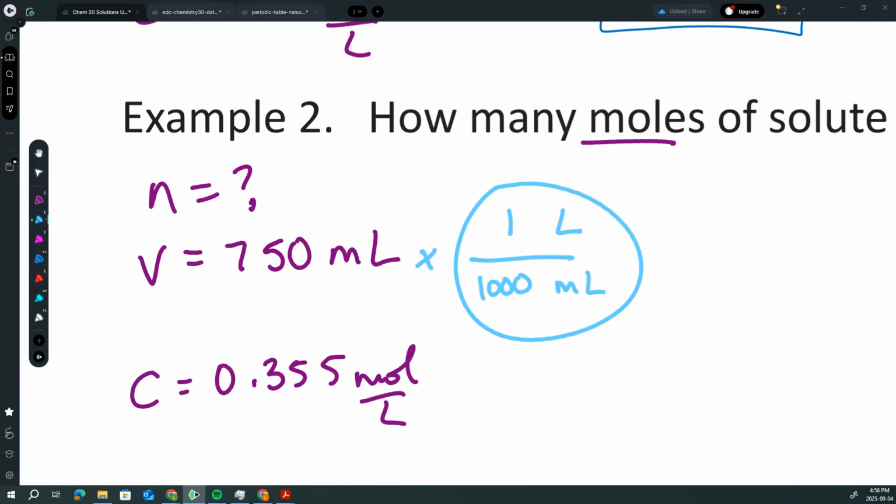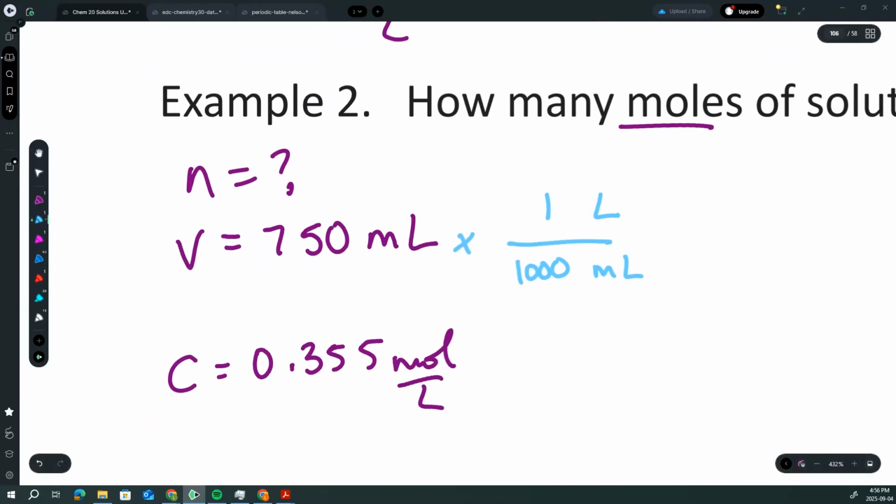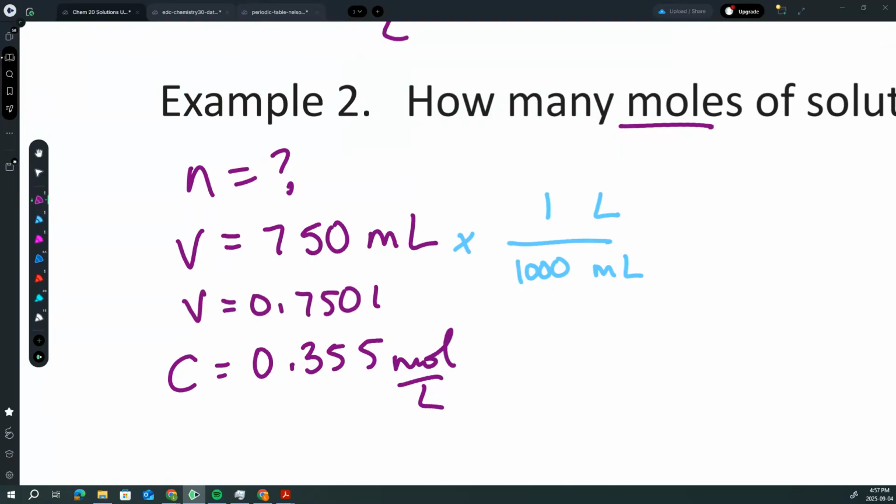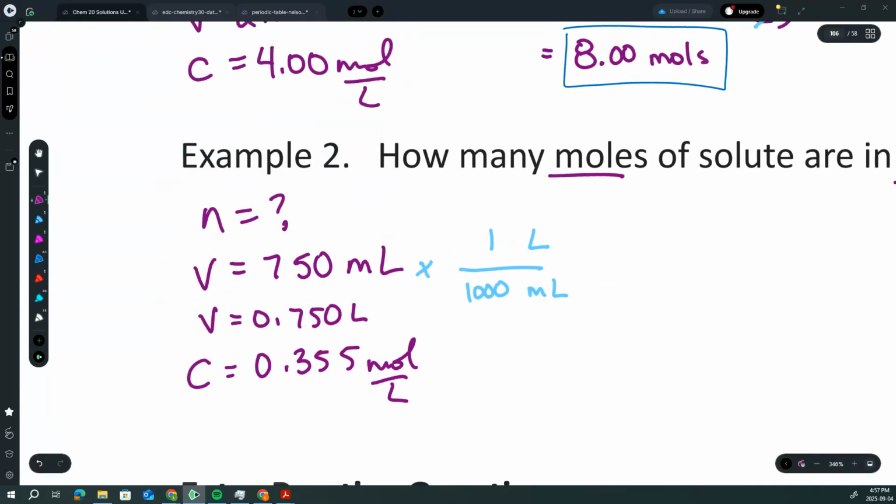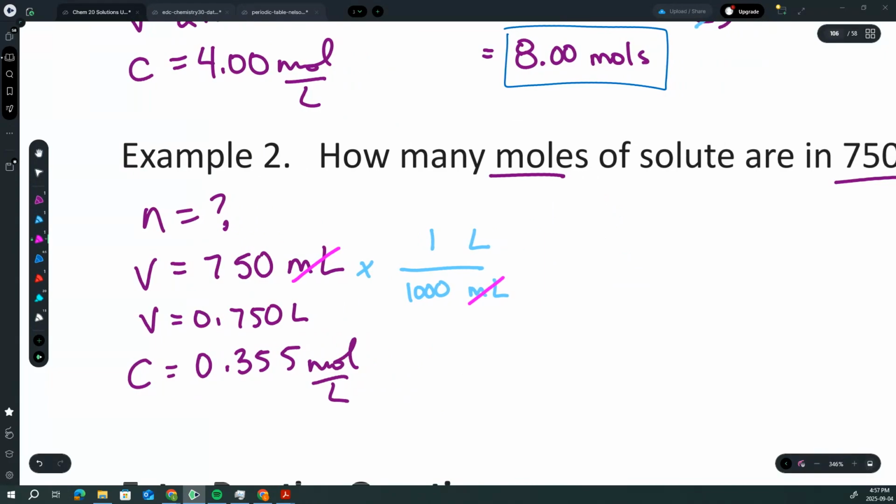Okay, so now what we're doing is 750 milliliters times 1 divided by 1,000, and that's going to be 0.750 liters. So I'm just canceling out units there.